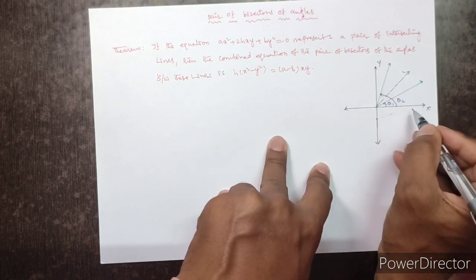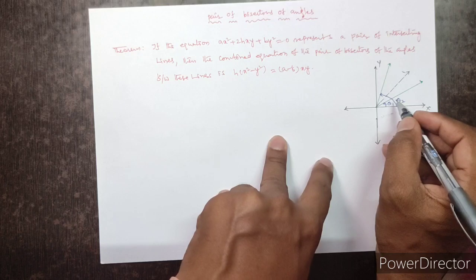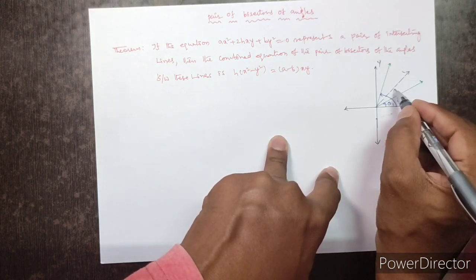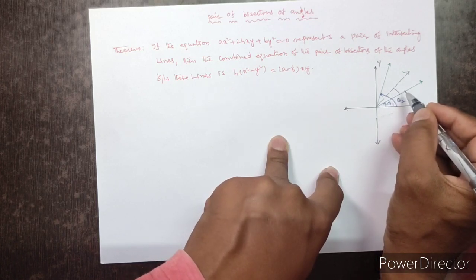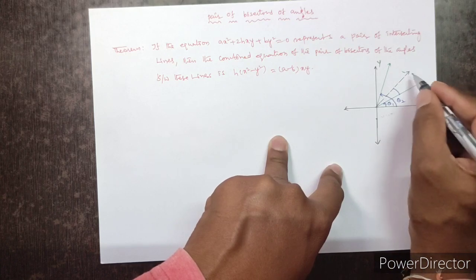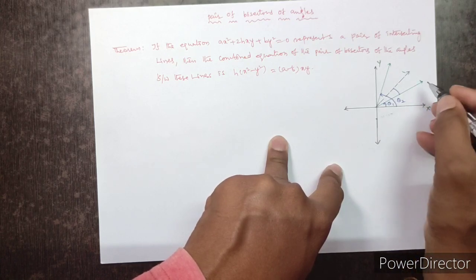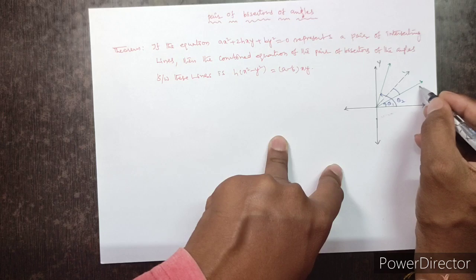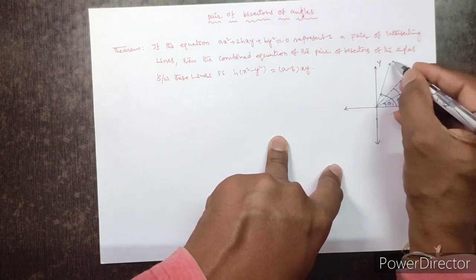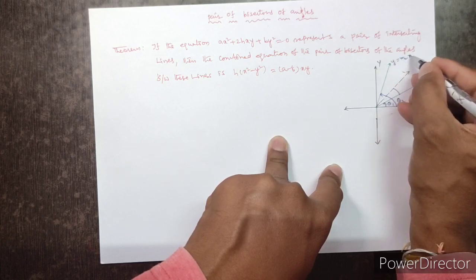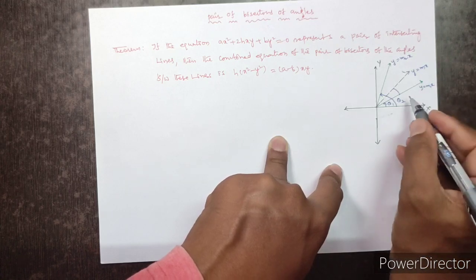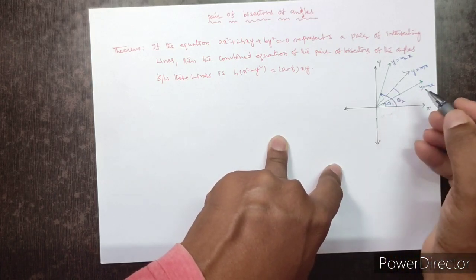The line makes an angle with the x-axis in the positive direction, and then this is the angle between these two lines. Of course, this is the y equal to m1x line, and this is the y equal to m2x line. This is the y equal to mx line.